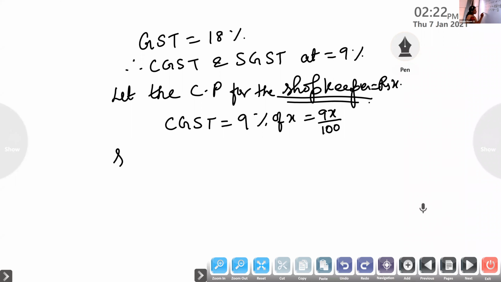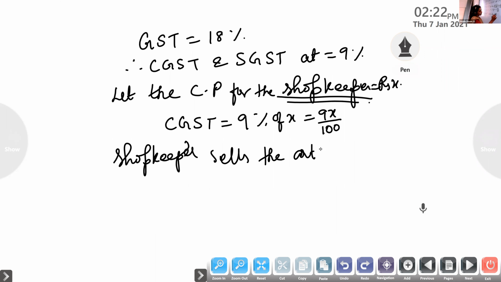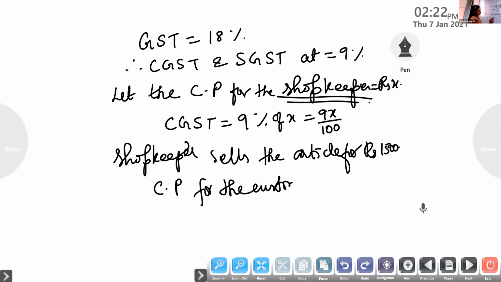Now, what is given? The shopkeeper sells the article for rupees 1,500. So what is the cost price for the customer? It is rupees 1,500. So what will be the CGST paid by the customer?